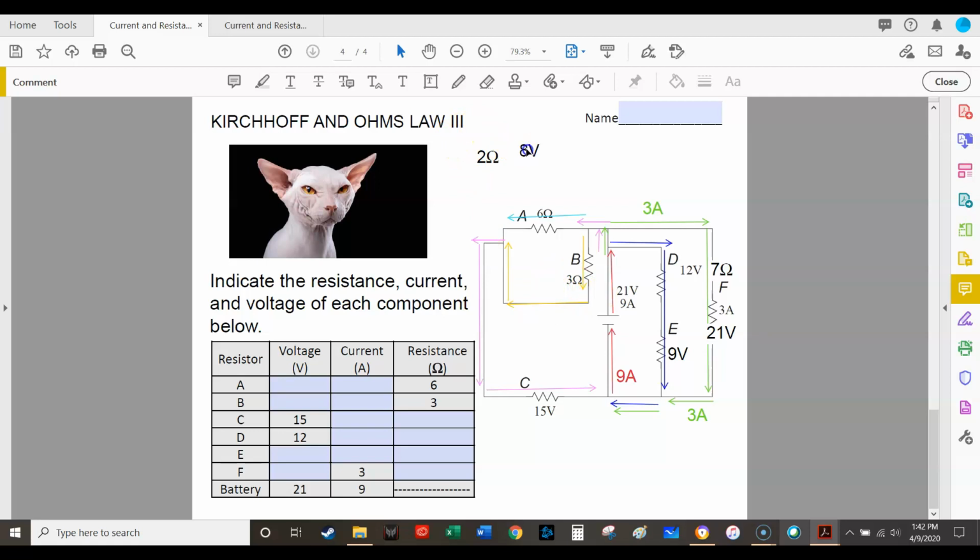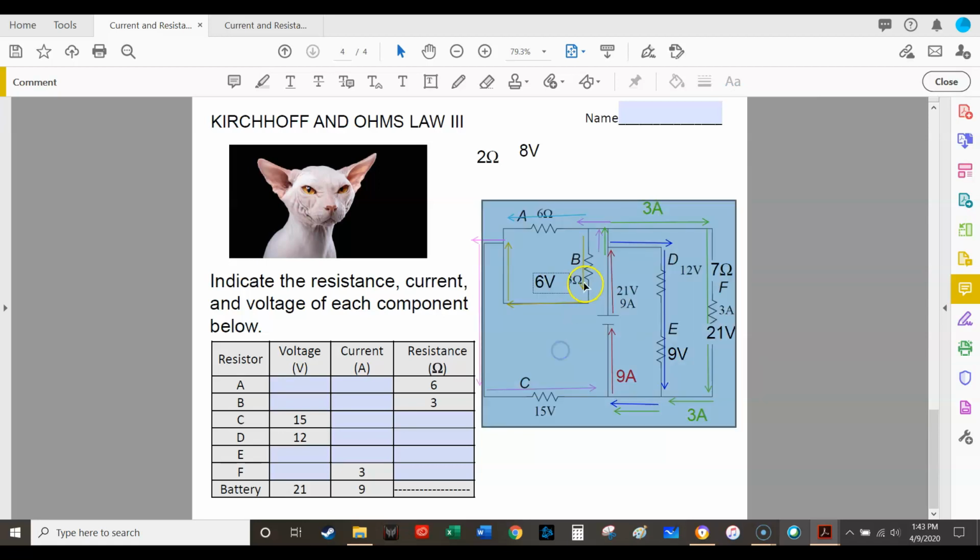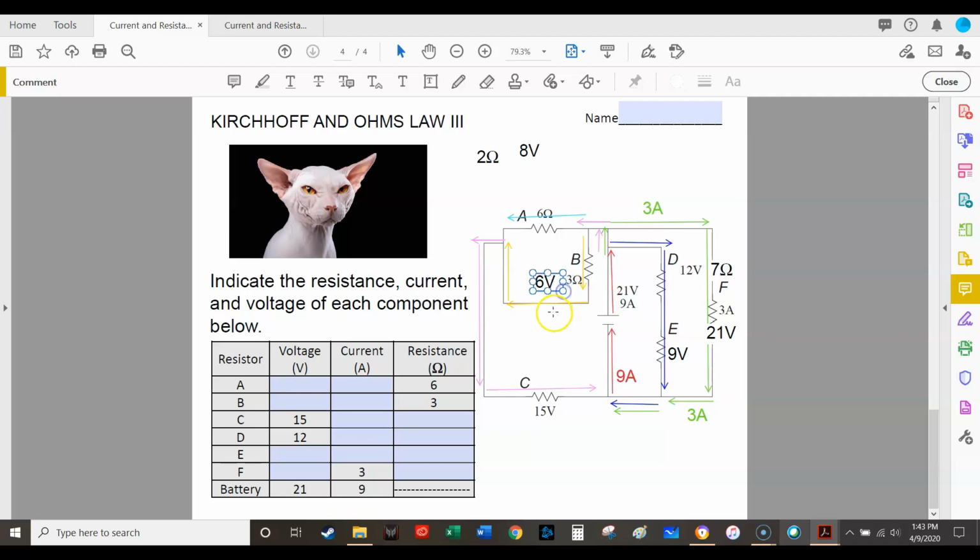So we know that this whole branch, this subparallel branch, is consuming 6 volts. What that means is that B has got to be 6 volts, and that A is 6 volts, right? Well, now that we have 2 components, we could start getting some currents.